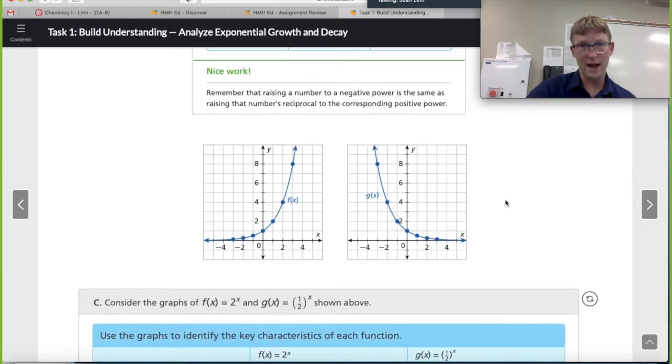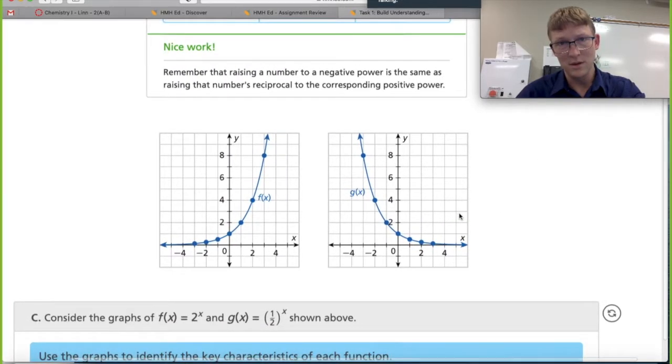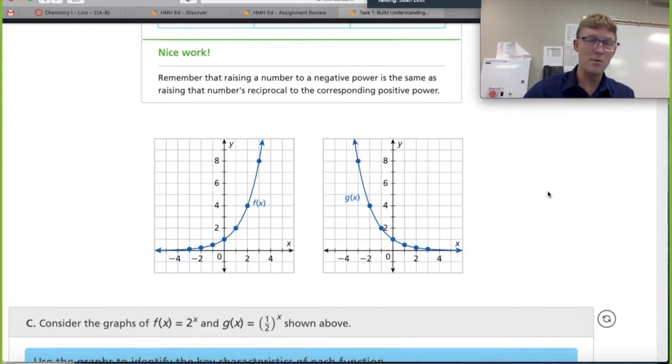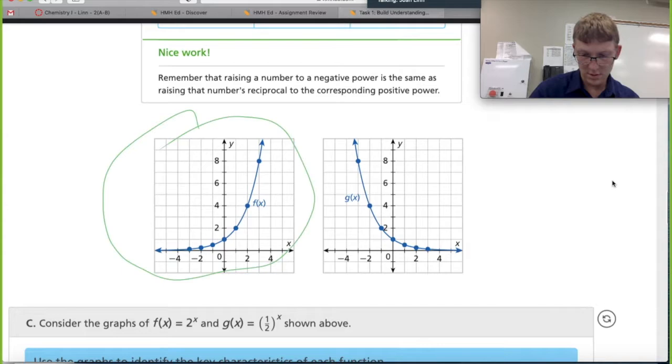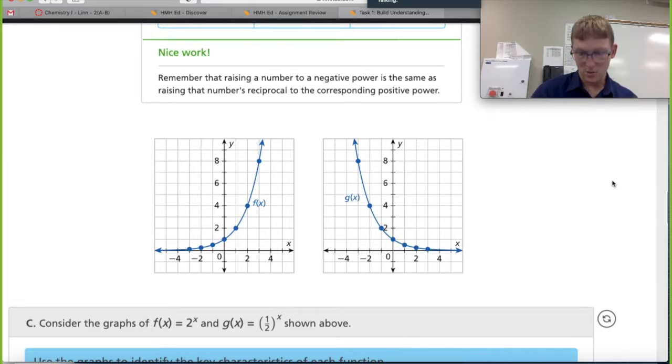So if we were to graph these things, this is probably very important to remember. Here is the exponential growth, and then the exponential decay. So notice how this part right here gets closer and closer and closer to 0.